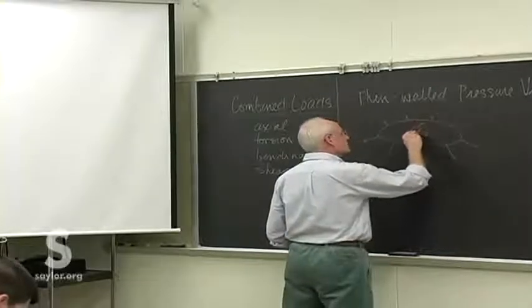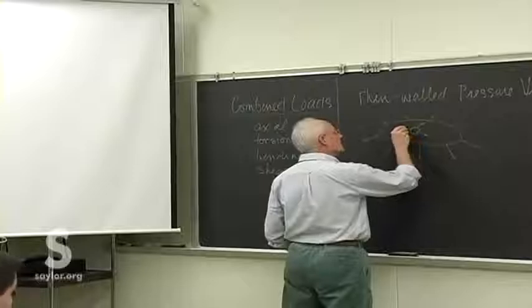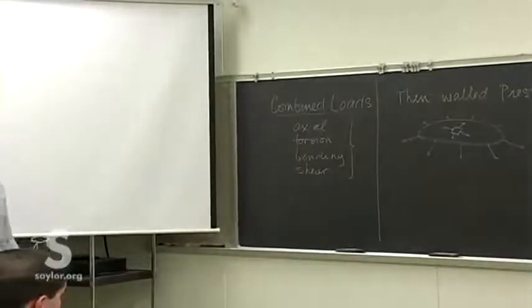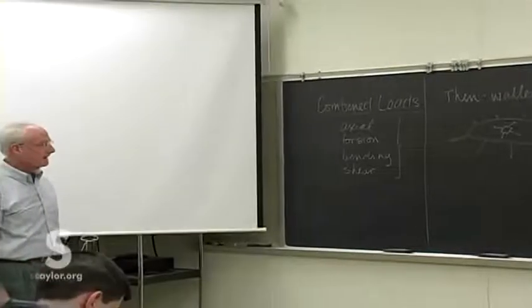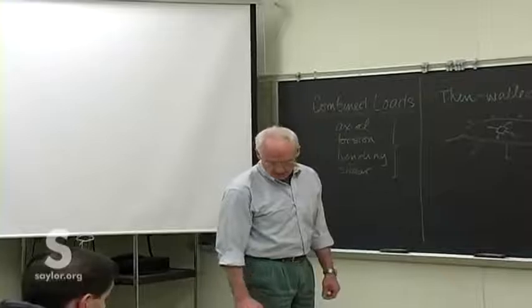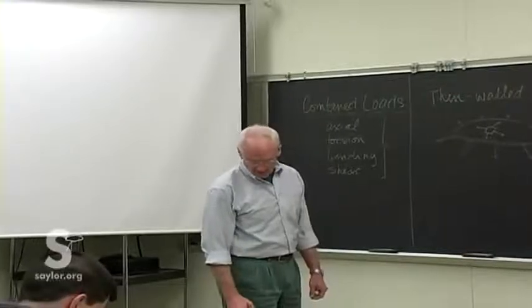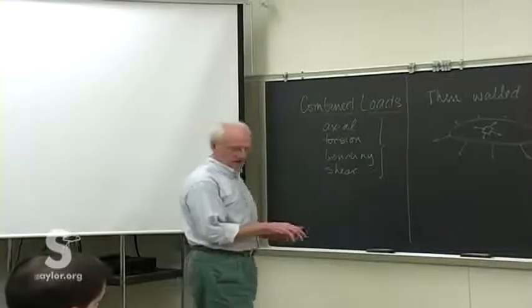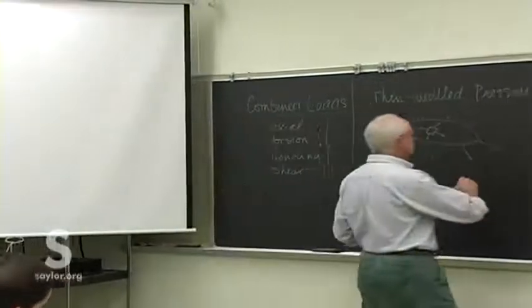So, just trying to give it the appearance of a curved surface like that. We're going to see then the normal stress throughout. No resistance to bending in this, and all forces are tangential in nature.